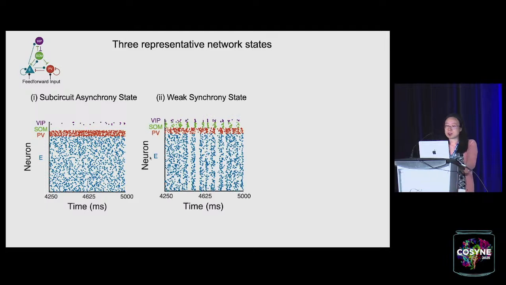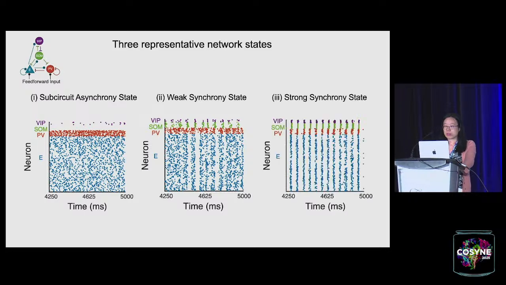In the weak synchronous state, we can see coordinated silence periods in E and PV neurons, which follow rapid firing of the SOM and the VIP neurons. In the strong synchronous states, the network exhibits strong oscillations. In each oscillation cycle, E and PV neurons fire first, followed by SOM and VIP neurons.